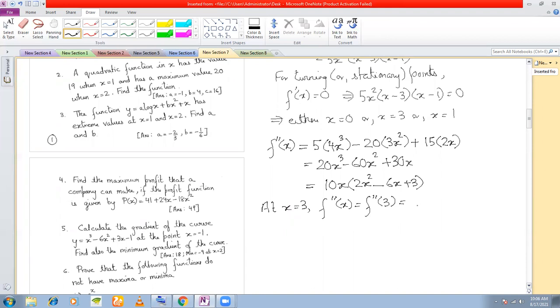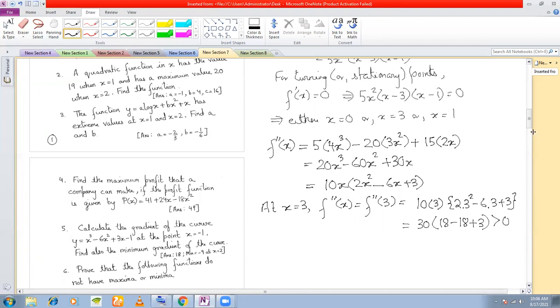Put x is equal to 3 here. You get 10 into 3 into 2 into 3 square minus 6 into 3 plus 3. So you get here 30 into 18 minus 18 plus 3, which is greater than 0.